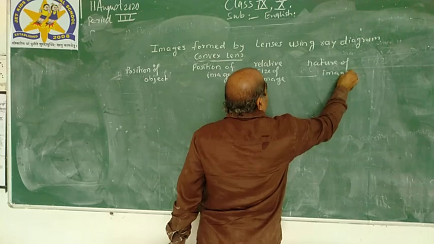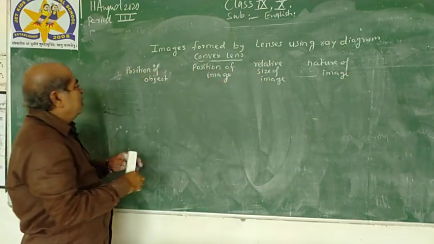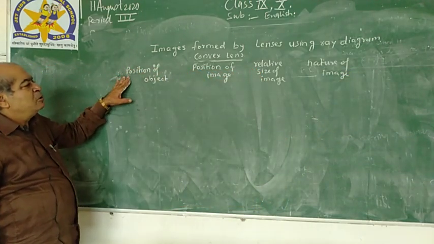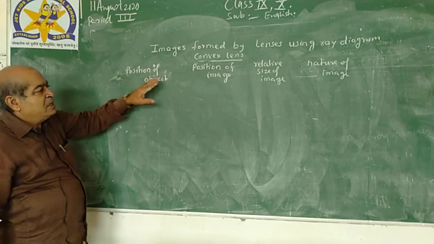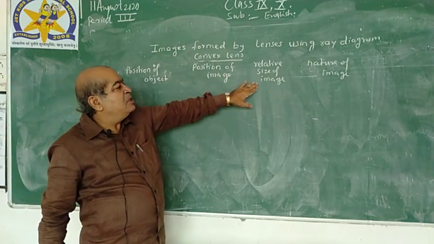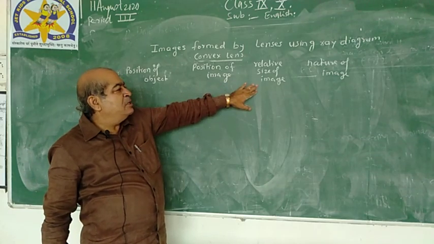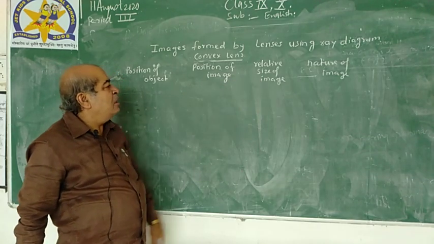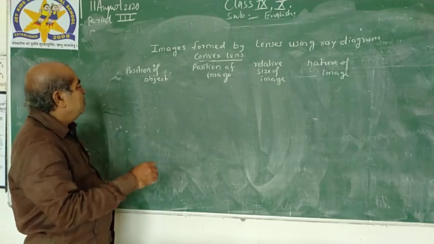In your book the chart is given: the first column is position of object, second column is position of image, third column is relative size of image, and the fourth column is the nature of image.